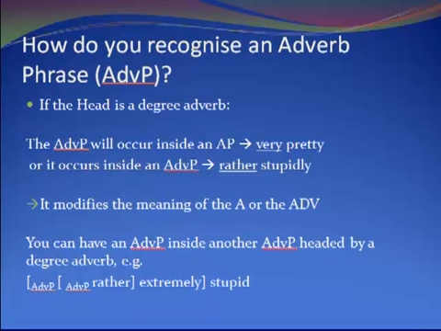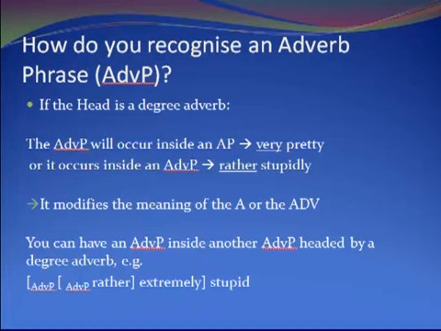The other possibility is that the adverb phrase occurs inside another adverb phrase. So if you've got stupidly as the head of an adverb phrase, then you can say rather stupidly. So the degree adverb has its own phrase, rather, and it modifies, it says something about stupidly.